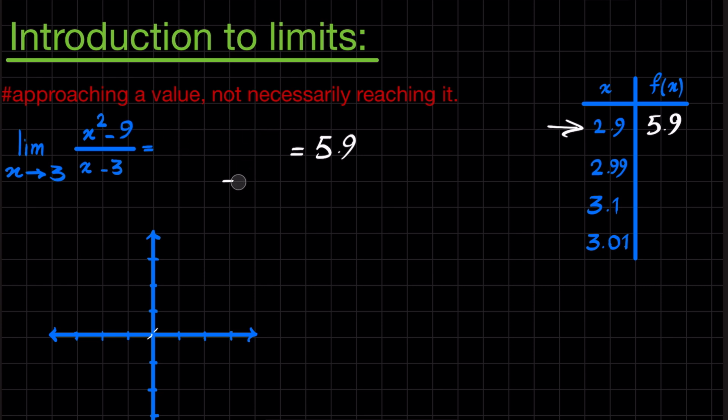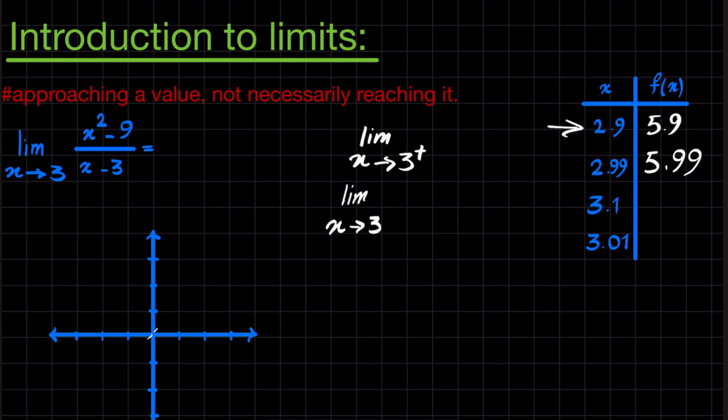which is going to be, I'm just going to write that fast, but you could do it by yourself. It's going to be 5.99. For 3.1, if we want to get close to the 3 from the right side, so this is the right side and this is the left side.